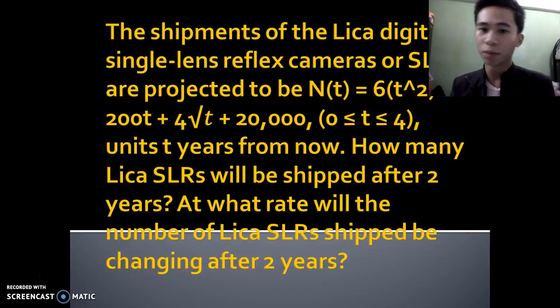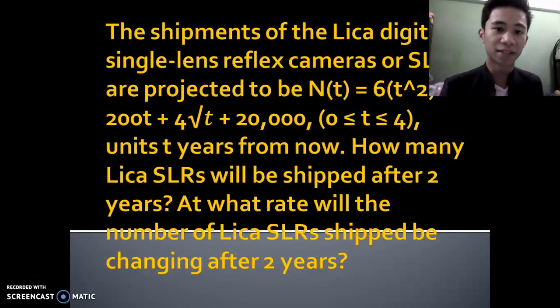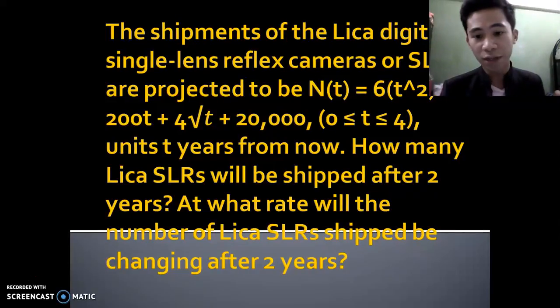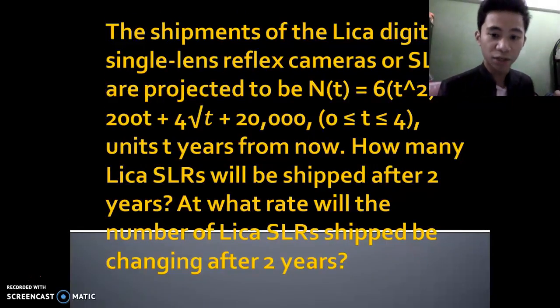So let's talk about one problem which involves derivatives. Here we talk about sales. The shipments of the Leica digital single lens reflex cameras, or SLRs, are projected to be 6t squared plus 200t plus 4 square root of t plus 20,000, where t must be greater than or equal to 0, but less than or equal to 4, in units t years from now.